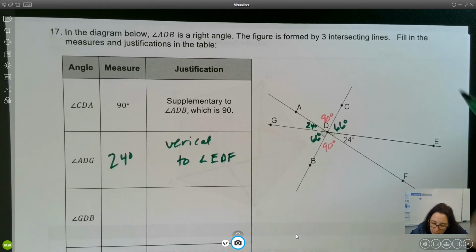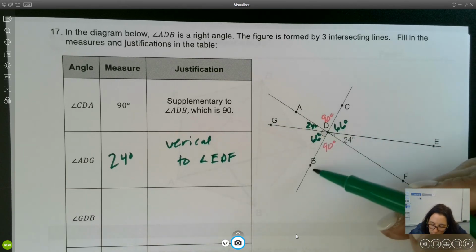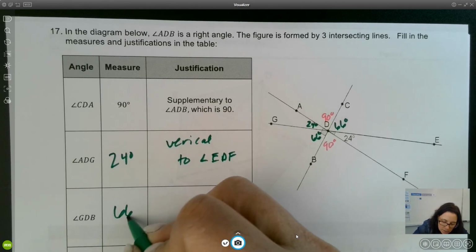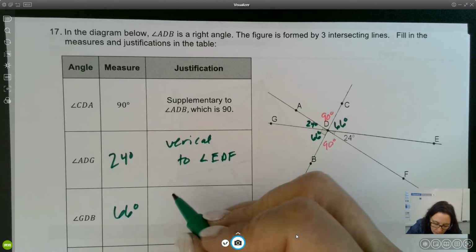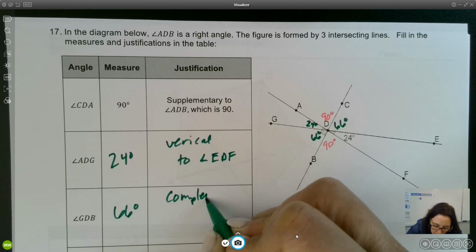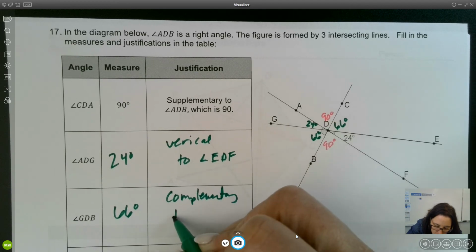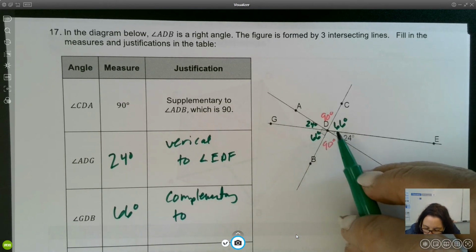GDB is 66 degrees. Okay. It is complementary to ADG.